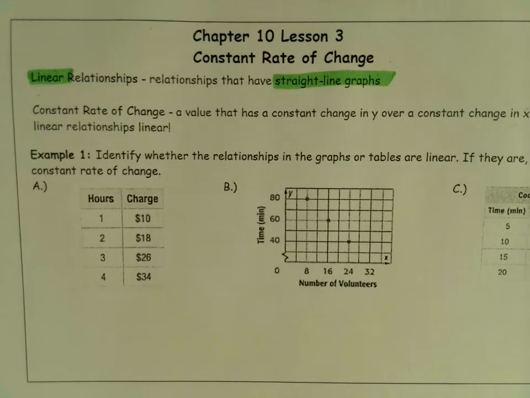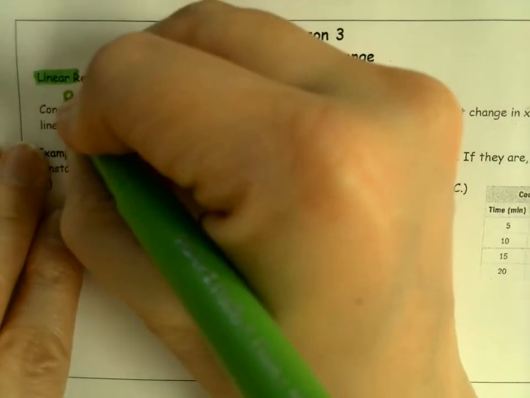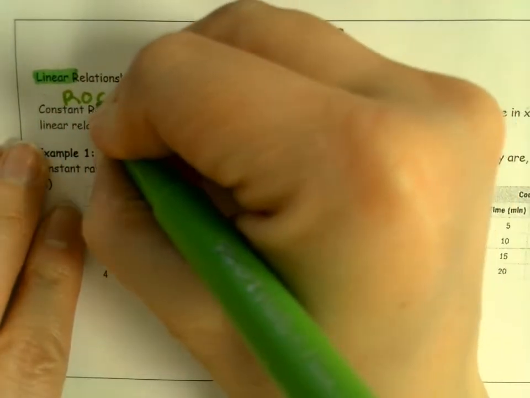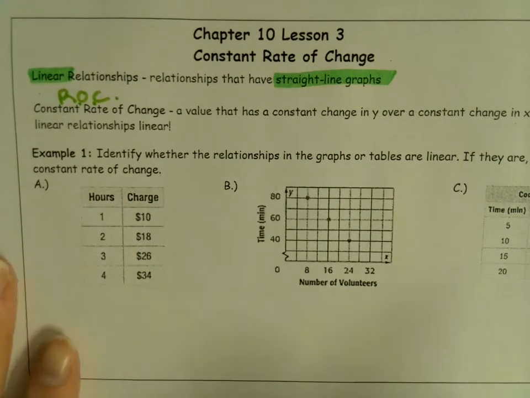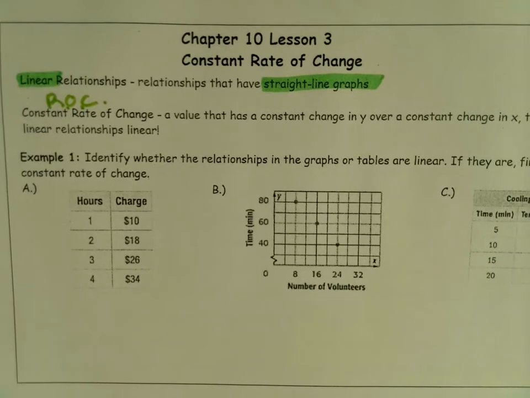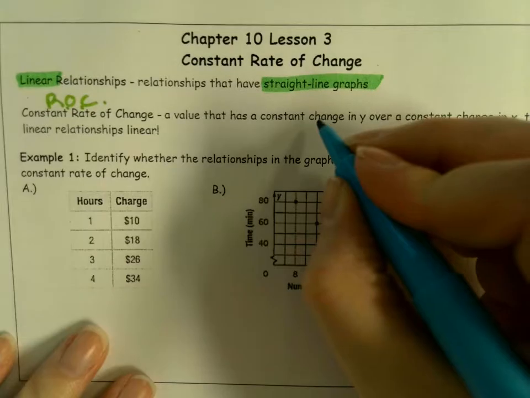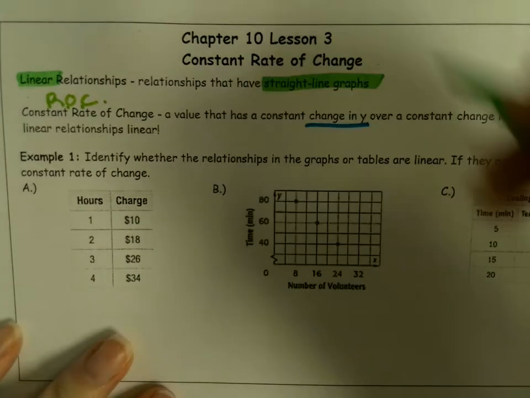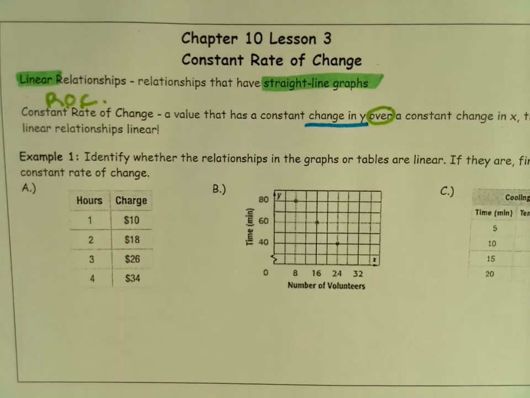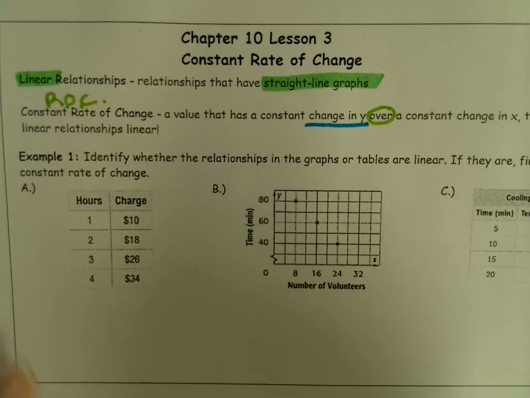But for the constant rate of change, for all intents and purposes, we're just going to label this ROC, just so that we don't have to keep writing out rate of change. So the constant rate of change is going to be your change in your y over the change in your x.